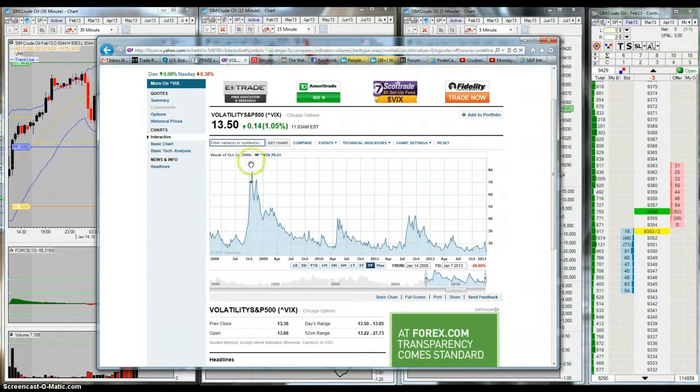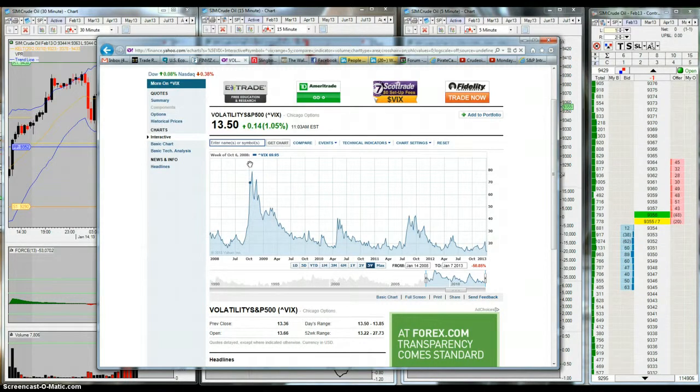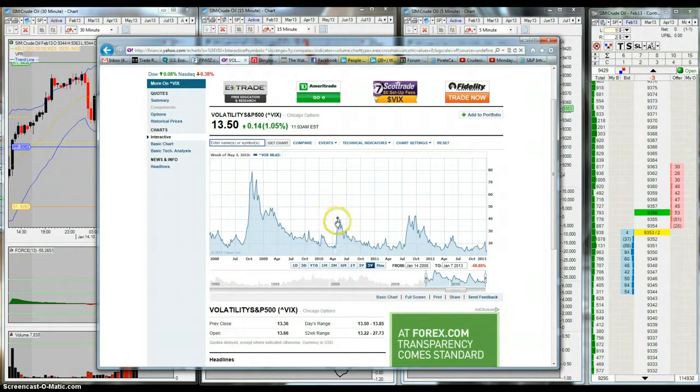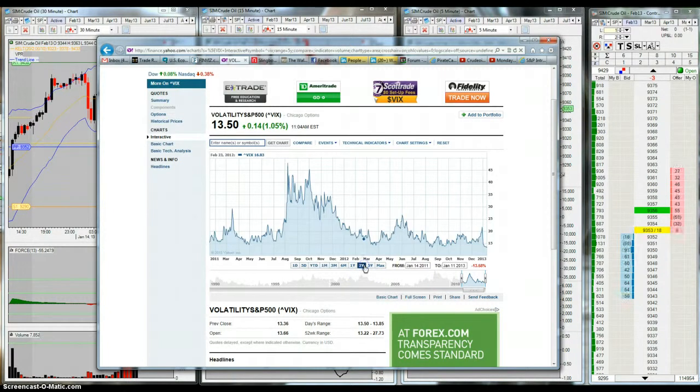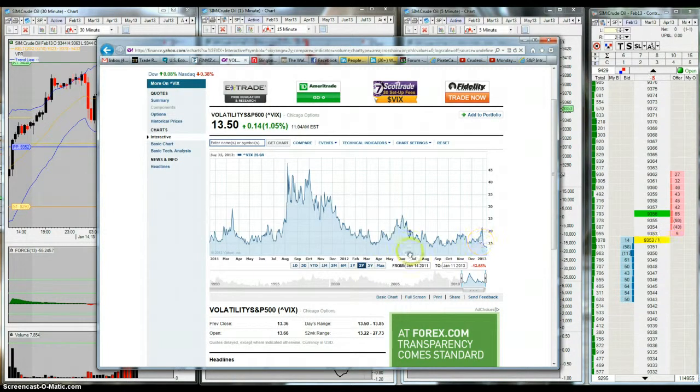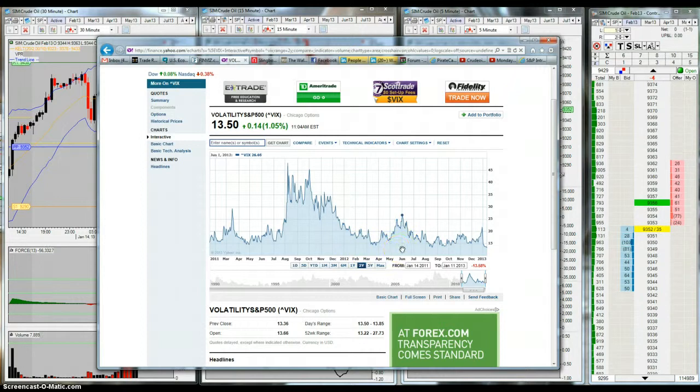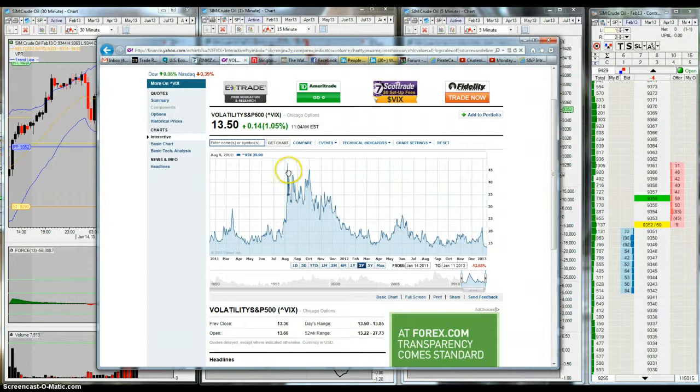Some of the days had 100 handle moves on the S&P, one direction to another, and we had that one day with a 1,000-point Dow range. Then the VIX came back down to more typical levels in the 40 area. But over the last couple of years, it's been pretty dead. For all of last year, the most the VIX went was 25. So it's been a very calm market, relatively speaking, compared to the past.